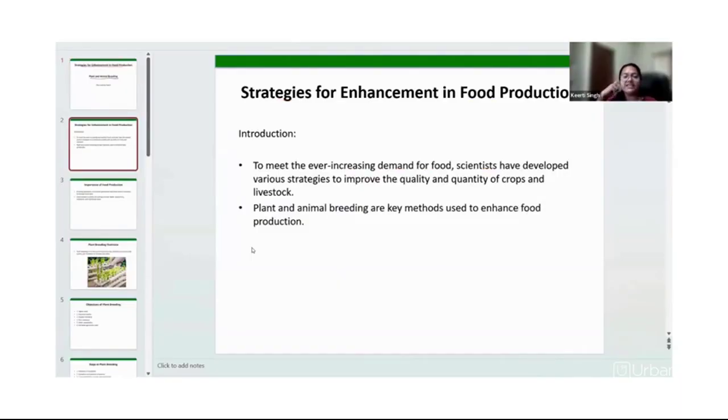So, why is it needed? Why is there a need to increase food production? See, since you already know we are living on earth, we have a limited amount of space, right?